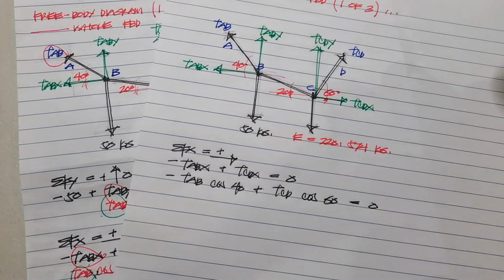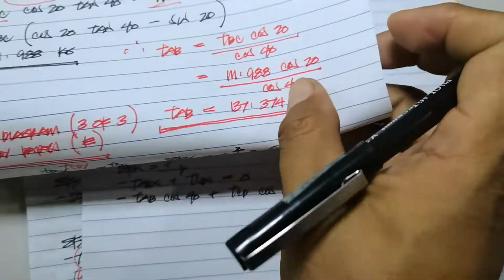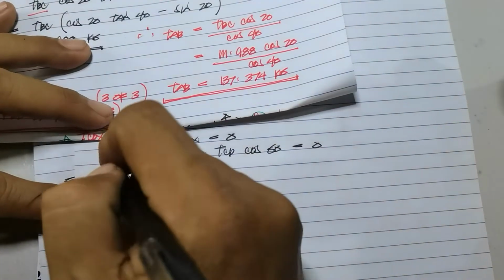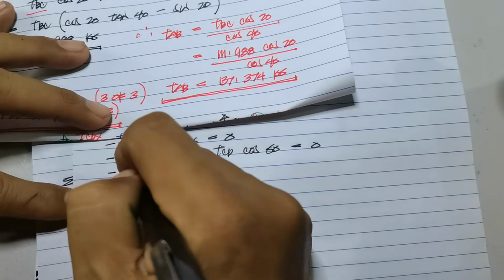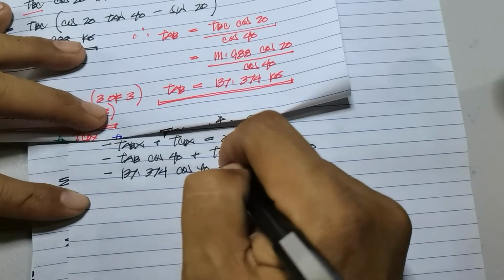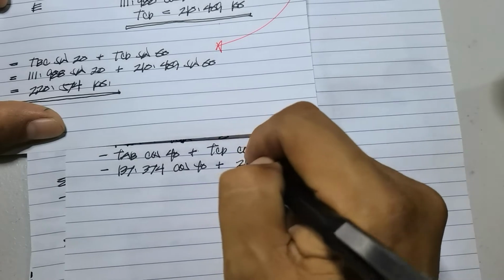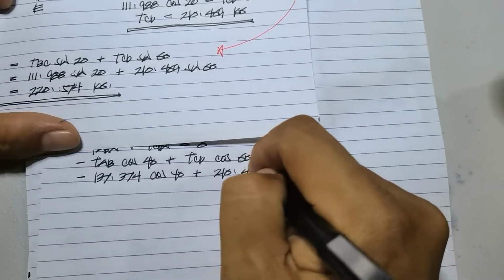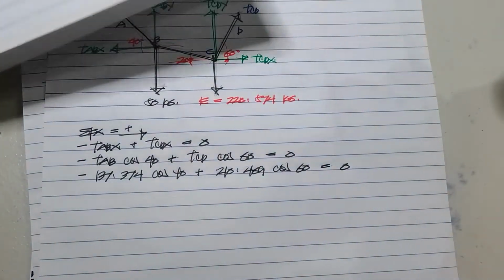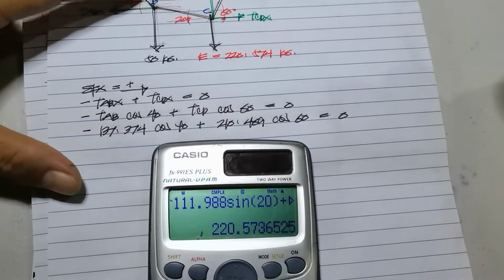Now, the value of TAB is 137.374, so 137.374 cosine of 40, plus the TCD value, 210.469, 210.469 cosine of 60, is equivalent to 0. Let's check and validate if this is correct.